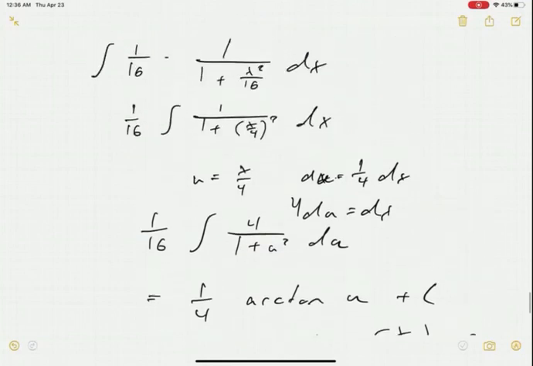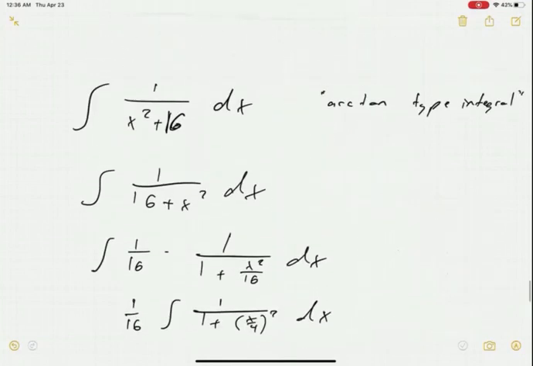All right, so you should know how to do this type of integral as well. And I think if you can do those two, you'll probably be fine.